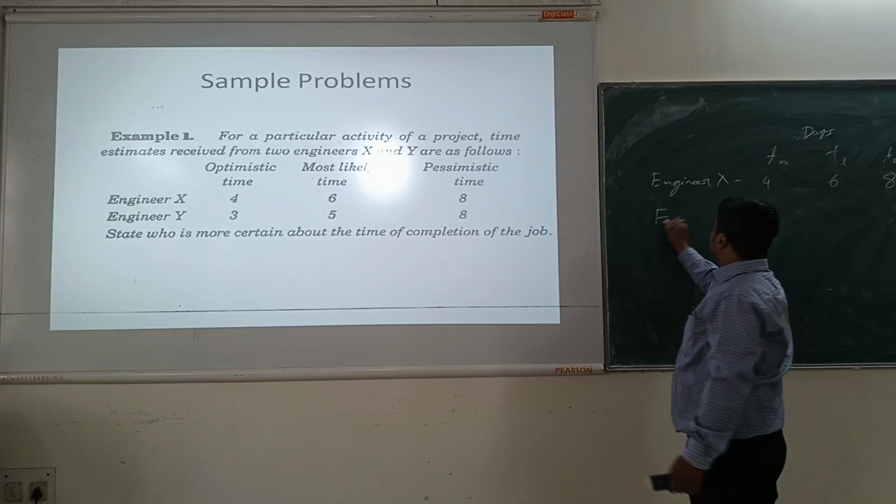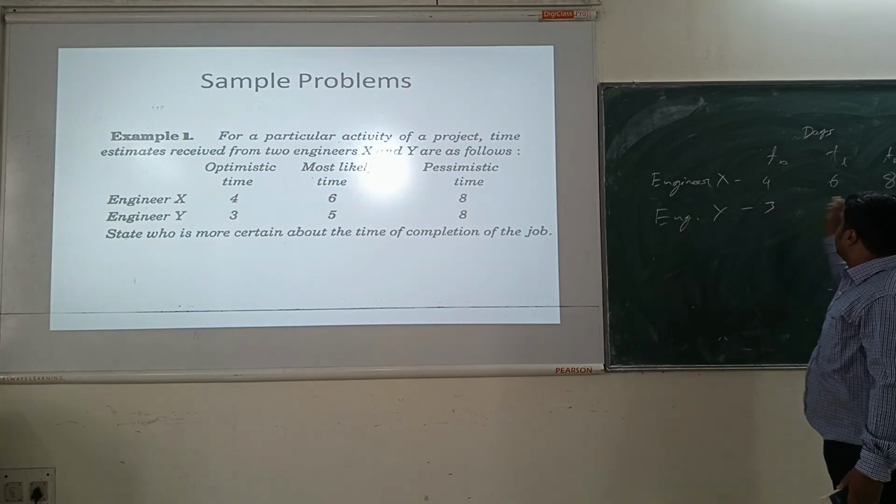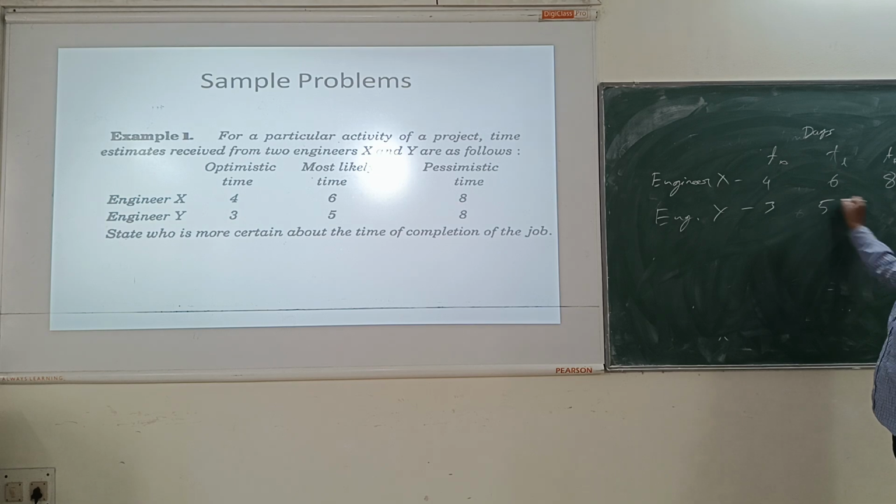And engineer Y takes 3 days at least for the activity, 5 most likely, and 8 pessimistic. So the maximum time, the pessimistic time, is around 8 days for both. Engineer Y takes less time, 3, and most likely time 5.